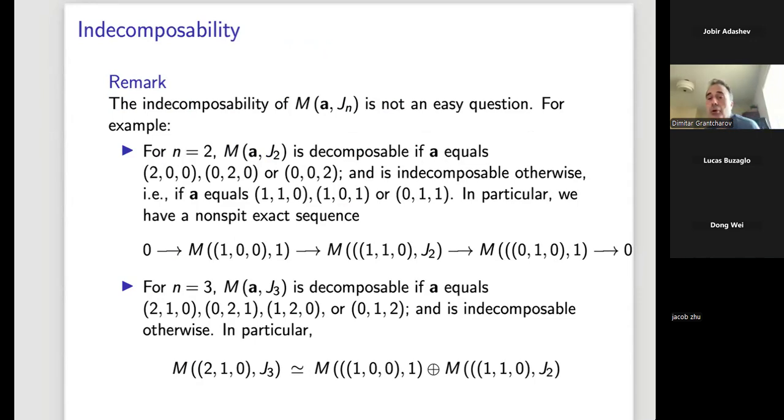We still don't know. Probably someone knows, but we still don't know in general what the indecomposability answer is for arbitrary n and arbitrary A. But for n equals 2 and 3, we know. And again, the indecomposability for scalar type is easy. Once we go out of the scalar type, we have some kind of indecomposable.